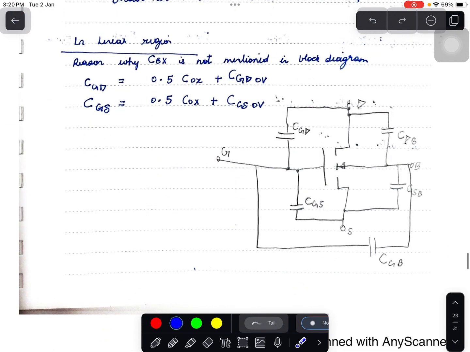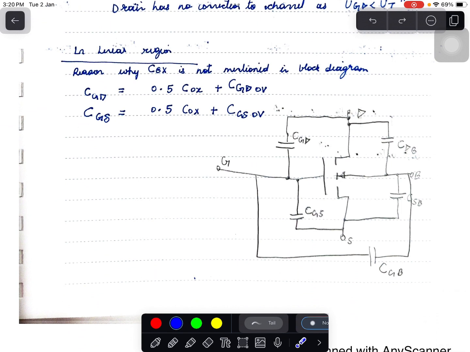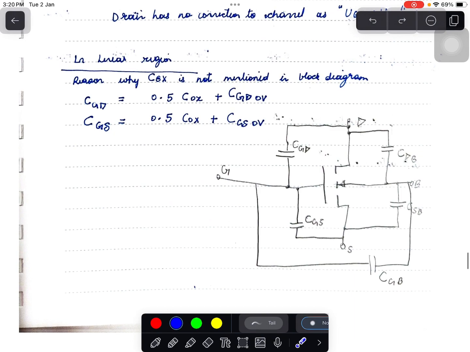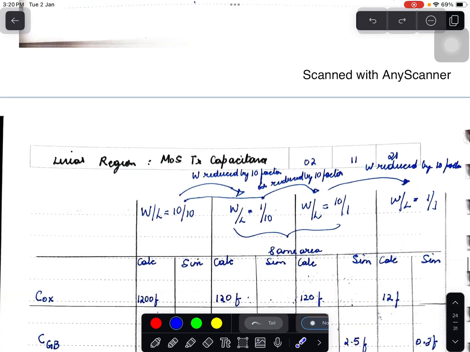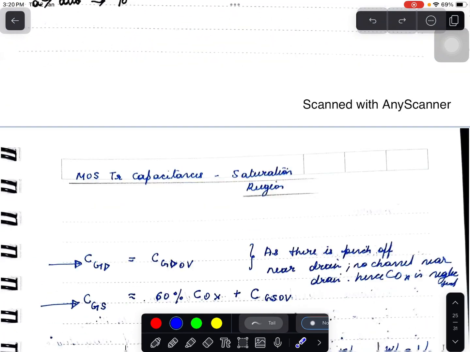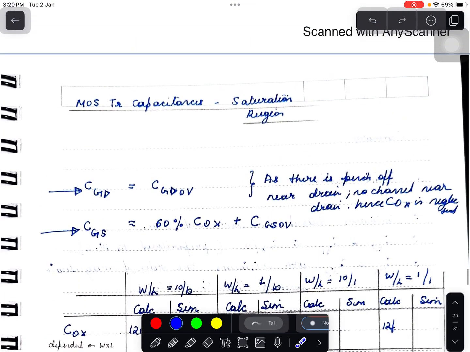Therefore, the capacitance CGD or CGS equals 0.5 times COX plus CGS overlap in linear region. Whereas in saturation region, the channel is not uniform, and this results in no channel near the drain, as VGD is lesser than the threshold voltage in saturation region. Therefore, CGD in saturation region equals only CGD overlap, whereas CGS equals 60% of COX plus CGS overlap.